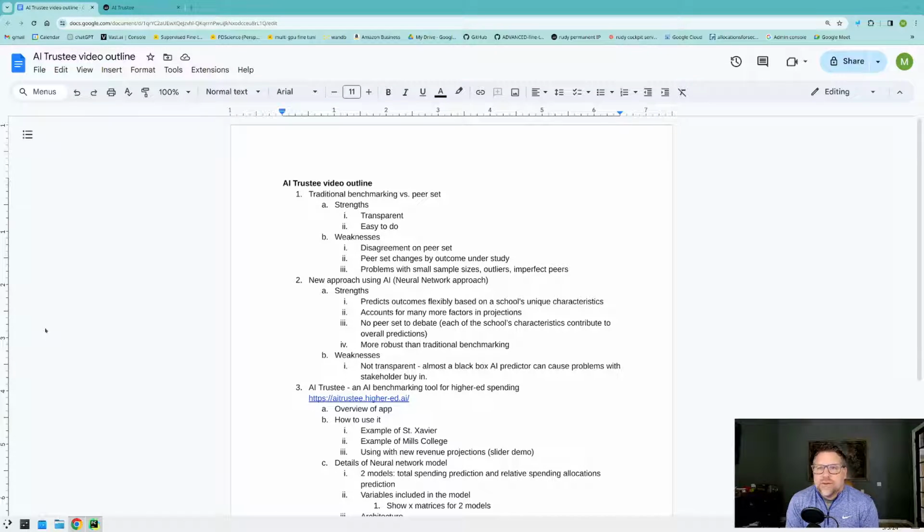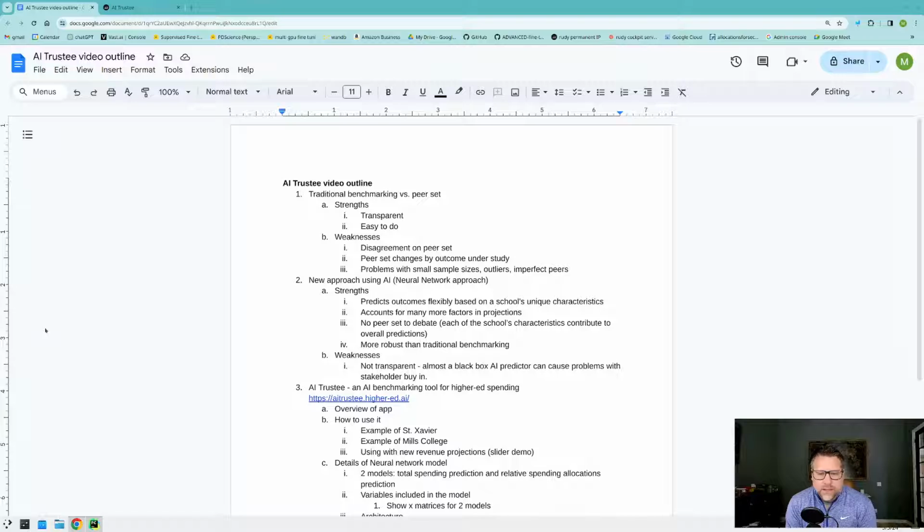It's really transparent what you're doing. You're just selecting a peer set, although sometimes peer sets are selected in an ad hoc way. And my video last time was showing how you could do it more scientifically. So it's transparent. You're just comparing means in the peer set to your current institution's values. Really easy to do that.